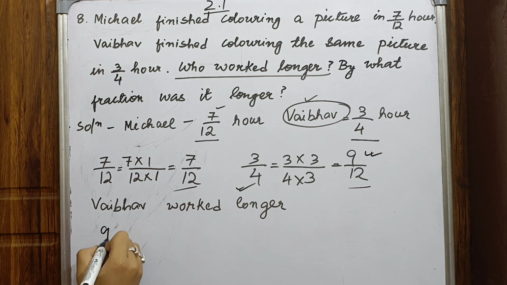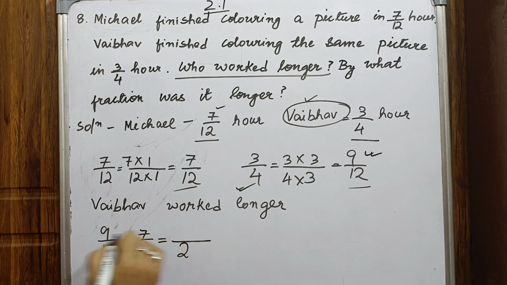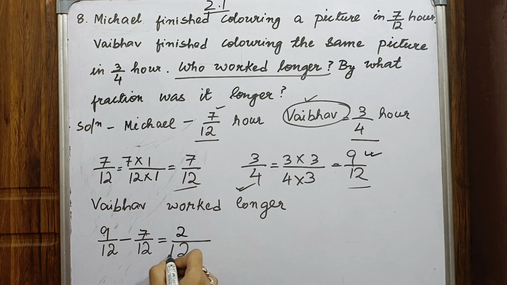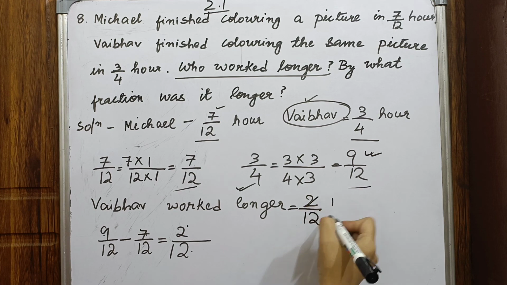9 by 12 minus the hours worked by Michael, which is 7 by 12. Denominator same, 9 minus 7, 2. 2 by 12 we can cut. 2 ones are 2, 2 6s are 12.